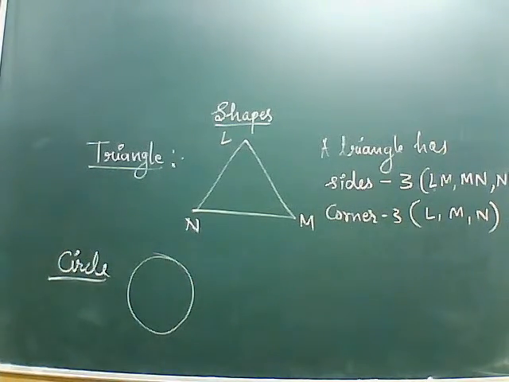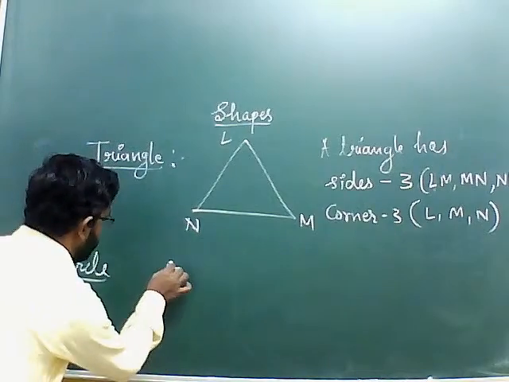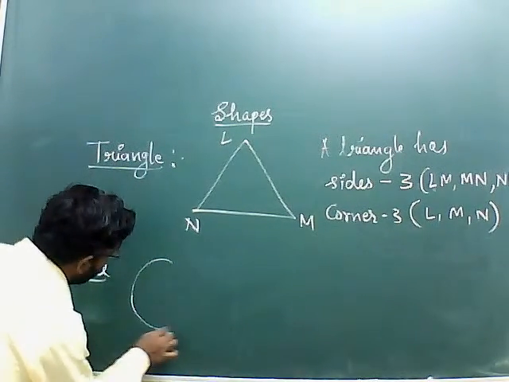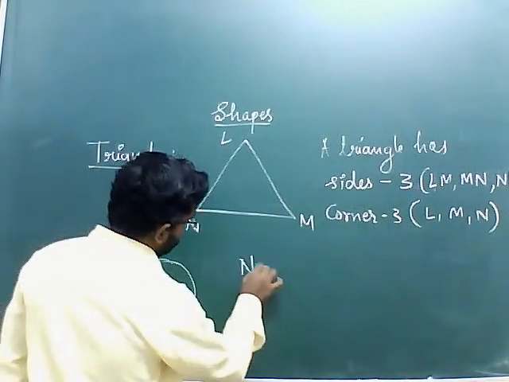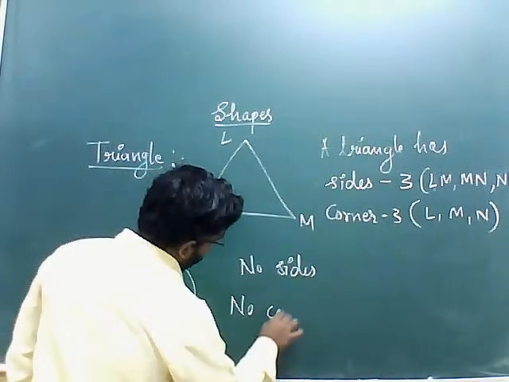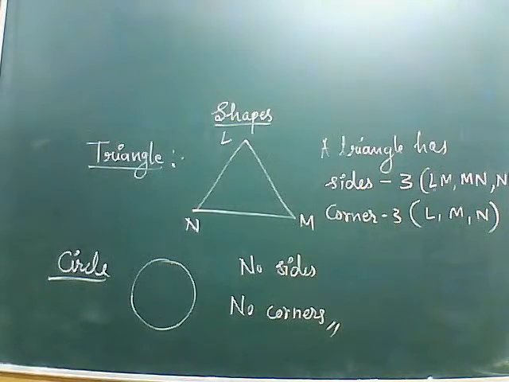When you are drawing a circle, draw it properly, it should be round. It is not coming properly here, but draw it round. No sides and no corners. Circle has zero sides and zero corners.